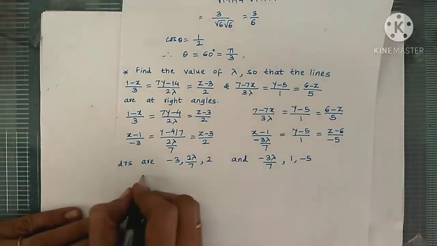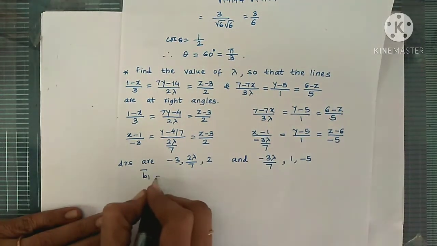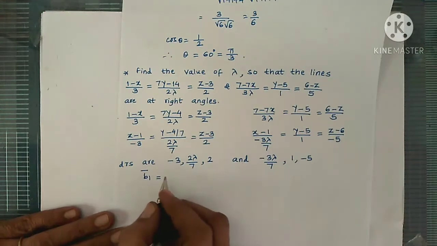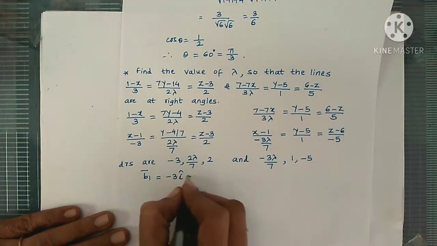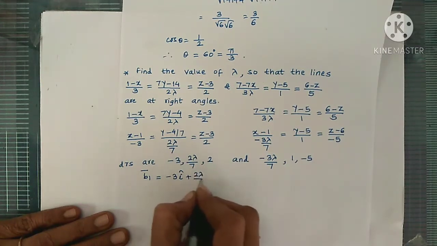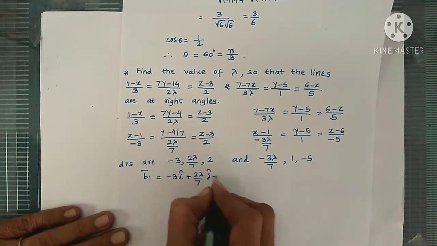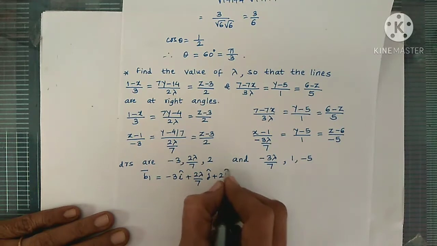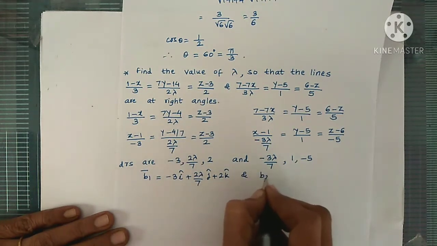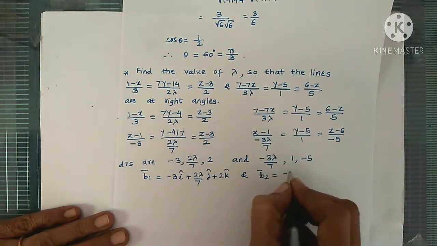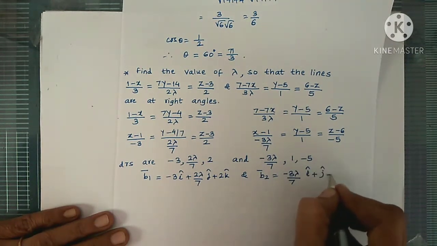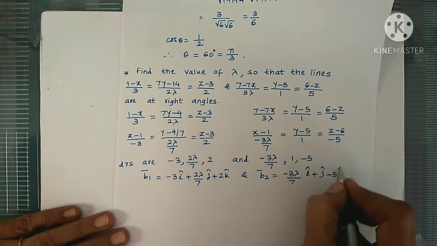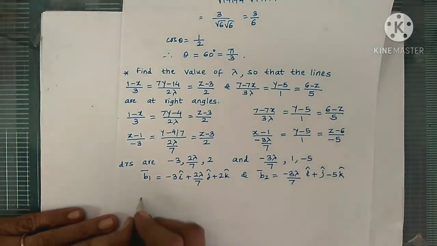That means b1 bar, that is b bar for the first line, is minus 3 i cap plus 2 lambda upon 7 j cap plus 2 k cap, and b2 bar is minus 3 lambda by 7 i cap plus j cap minus 5 k cap.